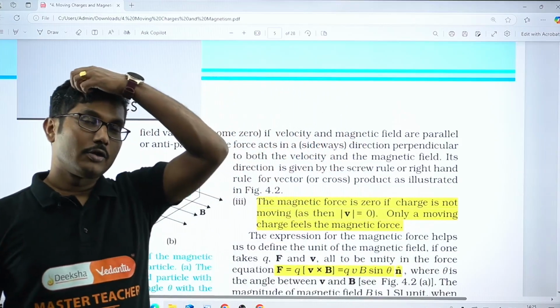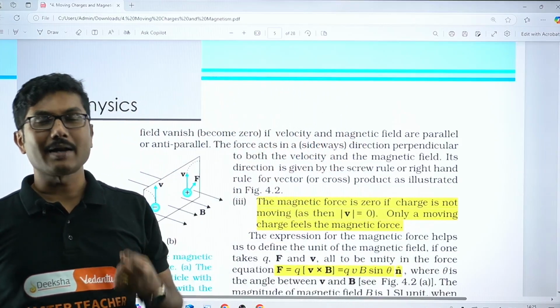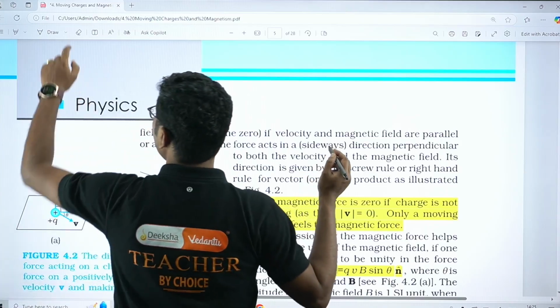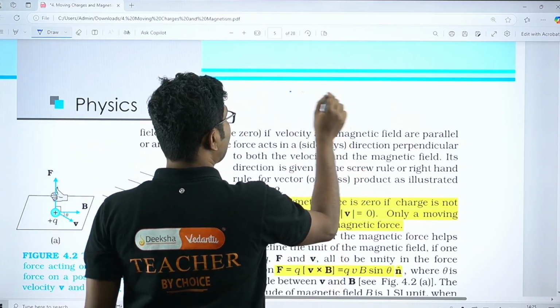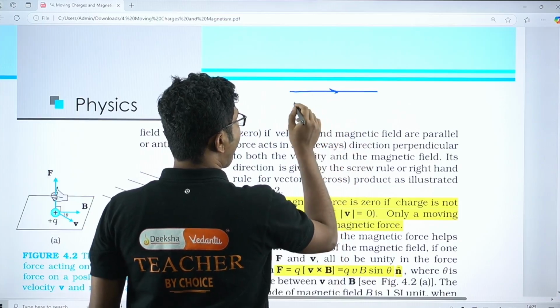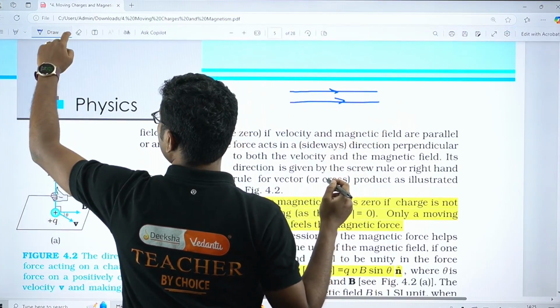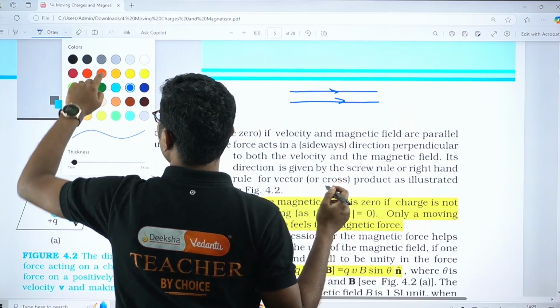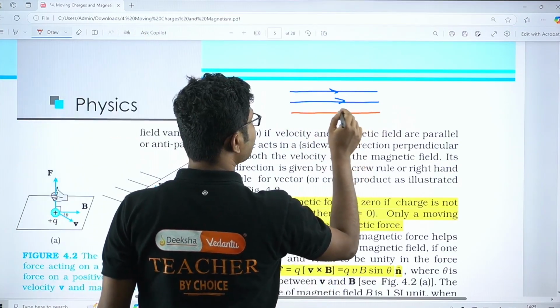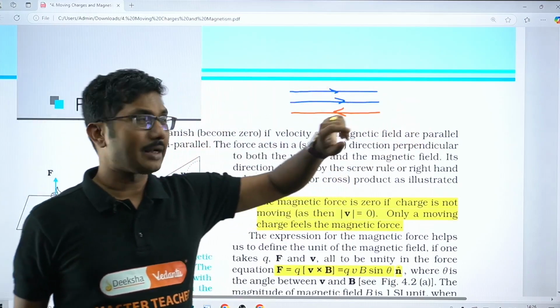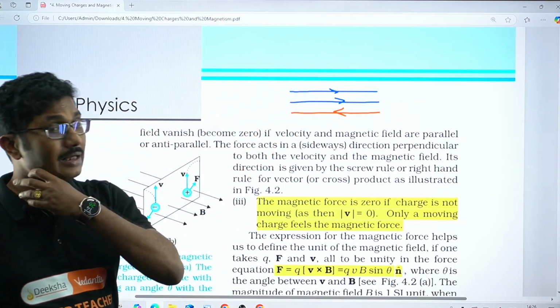A cross B is, magnitude wise, AB sin theta, right? So when two vectors, suppose V and B, are parallel or anti-parallel, this is the parallel direction, and suppose there is another one moving in this direction, then I will say this is the anti-parallel direction. Parallel means in the same direction, anti-parallel means one is in the opposite direction.